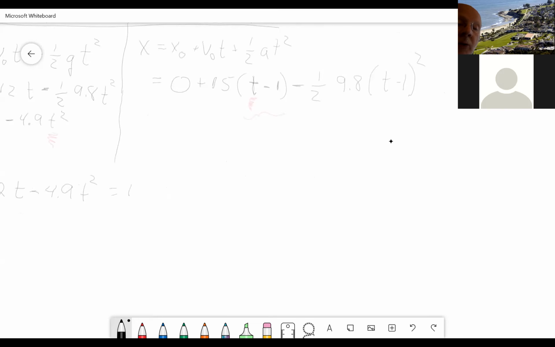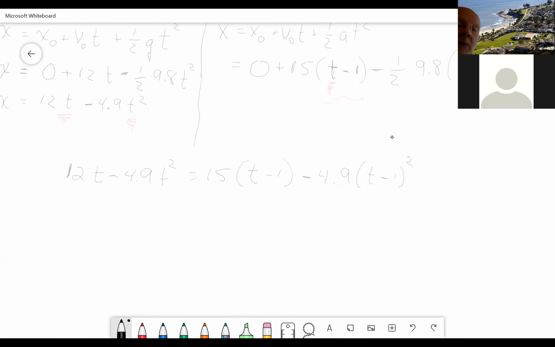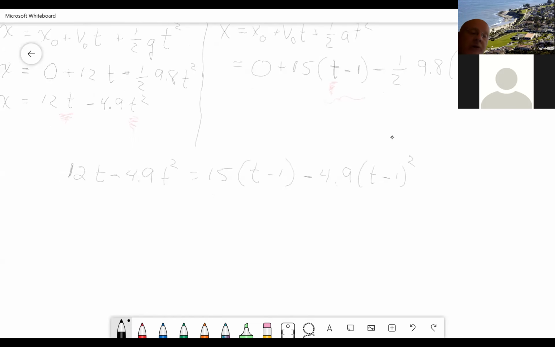And I set it equal to the equation for Carmel's object. That's when I would set those two equal.